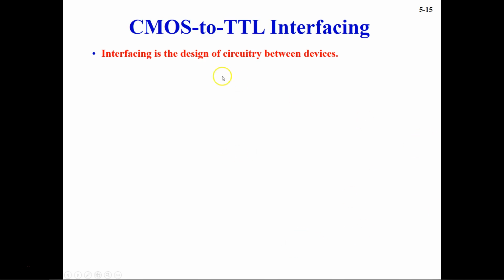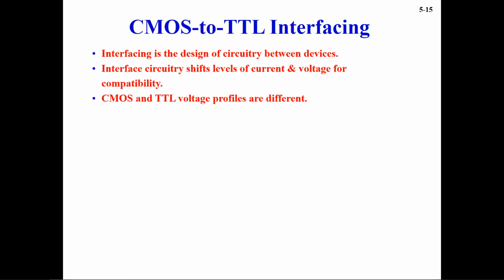Interfacing is the design of circuitry between devices. Interface circuitry shifts levels of current and voltage for compatibility. This second point is pretty clear, that we need compatibility, because we already saw the current and voltage profiles were different. So CMOS and TTL voltage profiles are different.